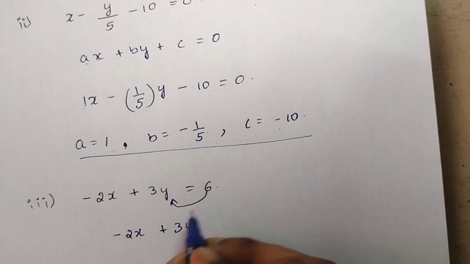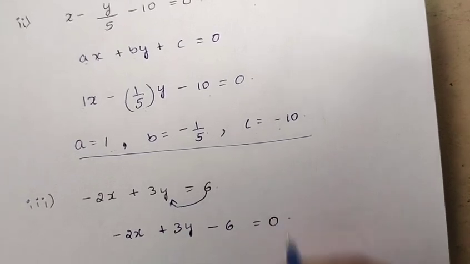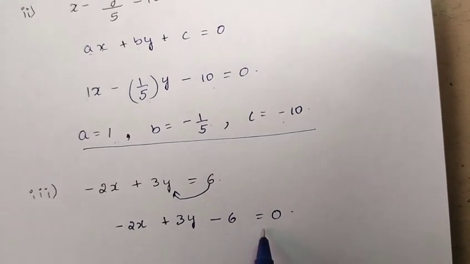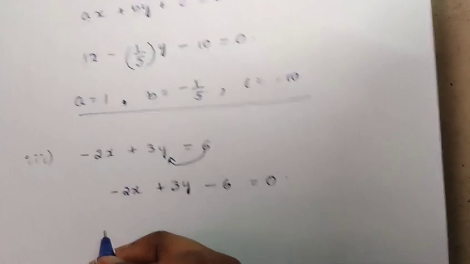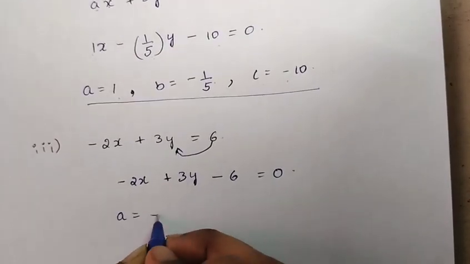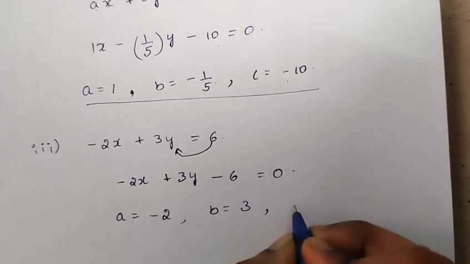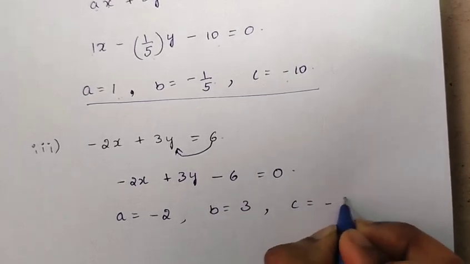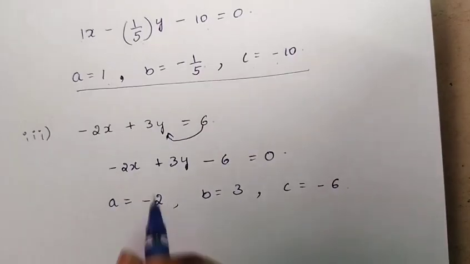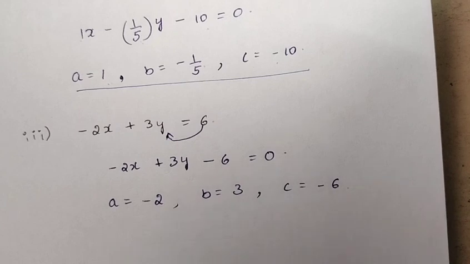As plus 6 comes to the left hand side, it becomes minus 6, which is equal to 0. So this is the conversion to standard form. Now we have to indicate the values of a, b and c. The value of a is equal to minus 2, b is equal to 3, c is equal to minus 6. Very simple. You just have to transpose this 6 to the left hand side to convert it into standard form.